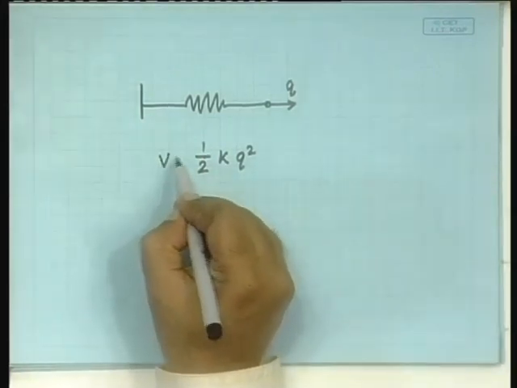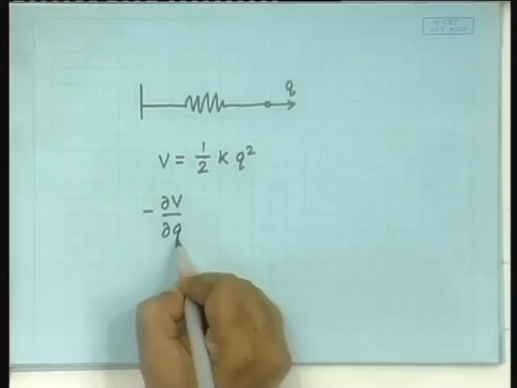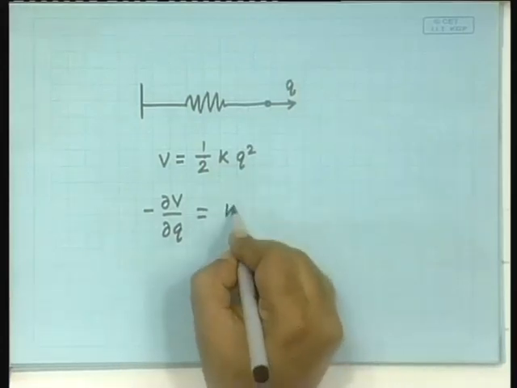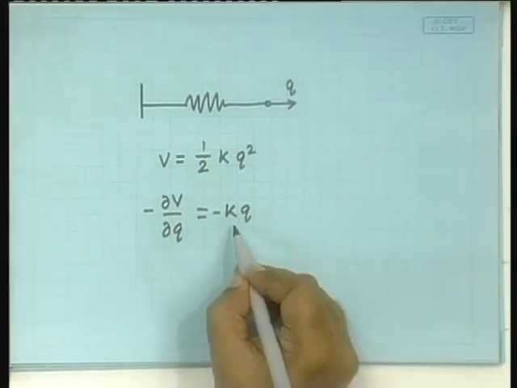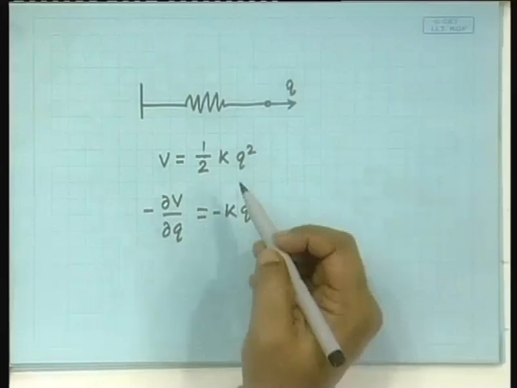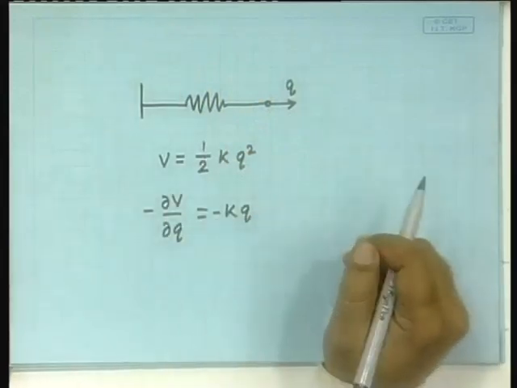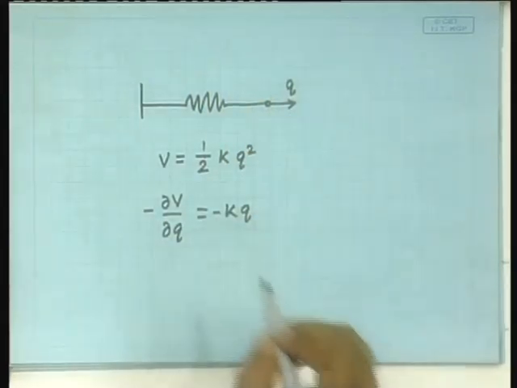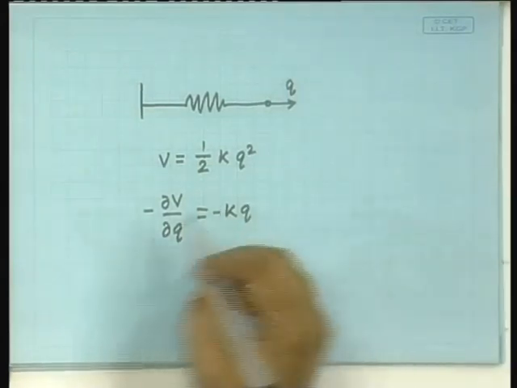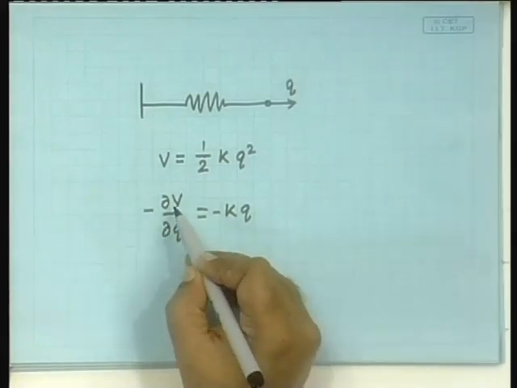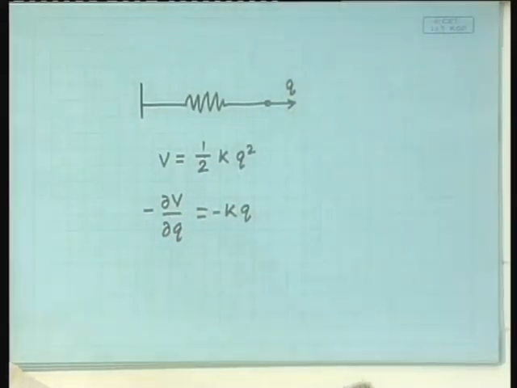Because if this is the potential, then minus its gradient is just kq, and kq is the amount of force that we expect, right. And why is this minus? Because you are pulling in this direction and the force is applied in the opposite direction, that is why this minus has to come. So, you have the force obtained as the gradient of the potential. So, the energy stored in the spring is actually potential energy. Is that clear?